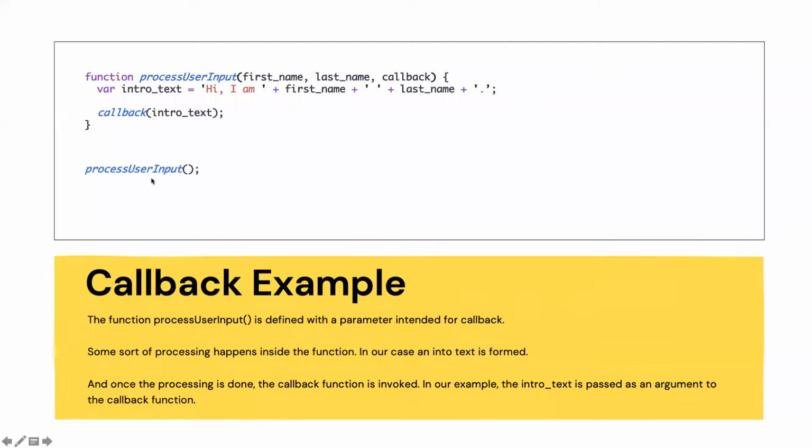What happens when we invoke process user input? We need to pass 3 parameters, right? The first parameter could be anything, John. The second parameter could be Doe, his last name. And what will be the third parameter at the time of calling it?